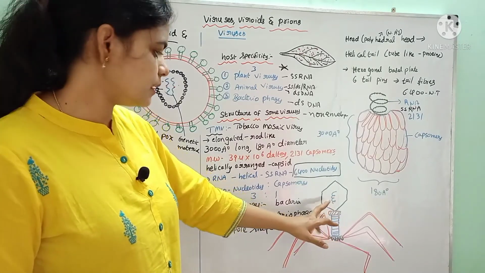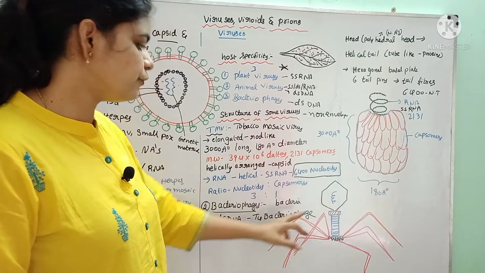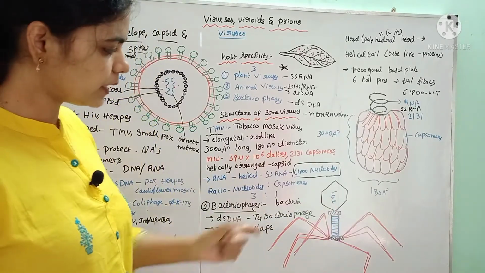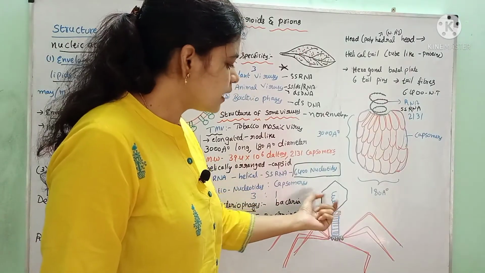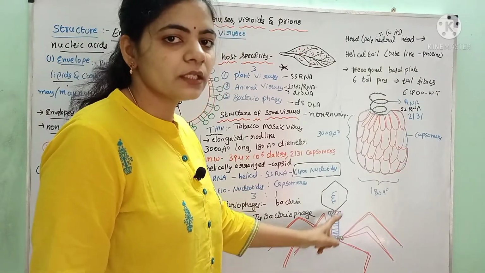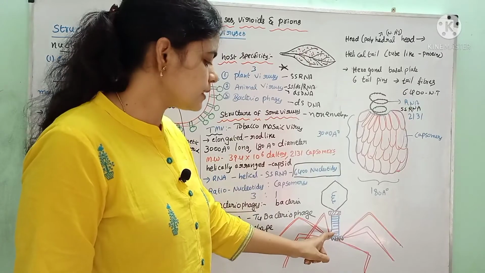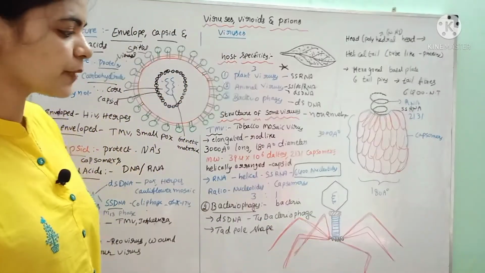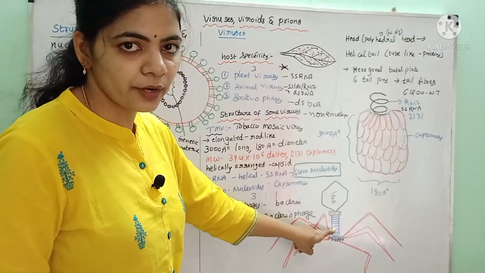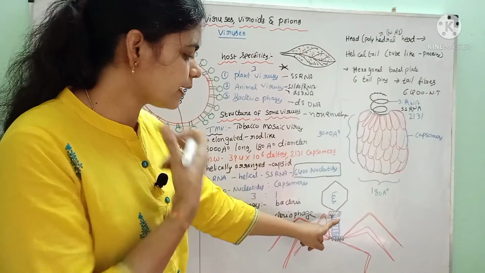Double-stranded DNA. It is a T4 bacteriophage, hence double-stranded DNA is present as the genetic material. Below this there is a tube-like structure called the tail. It is made up of proteins, and the head and tail are joined by a collar or neck region.